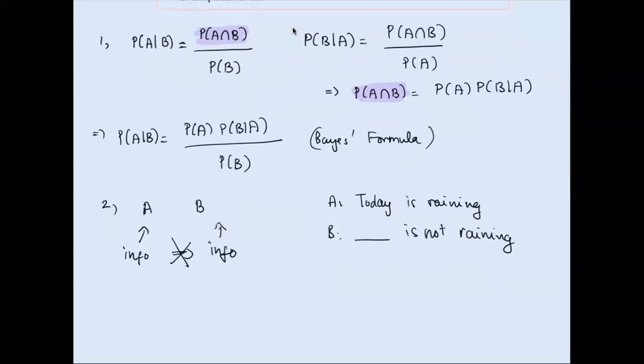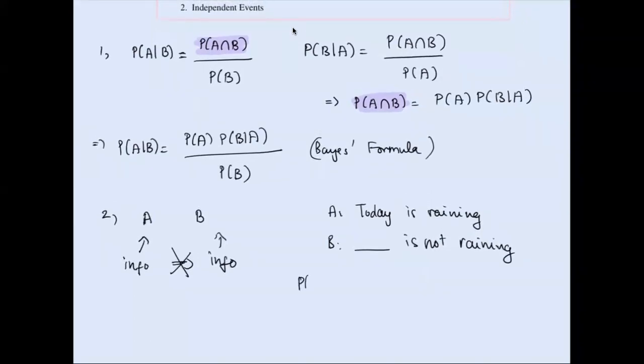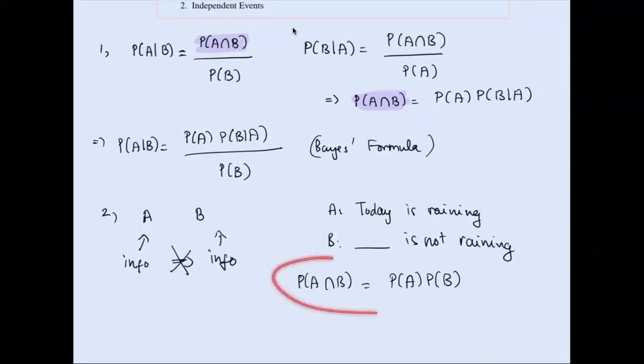You will see some tests to test for independence between two events. Is that probability of the intersection is equal to the product of each probability. So if the probability satisfy this equation, then A and B are independent.